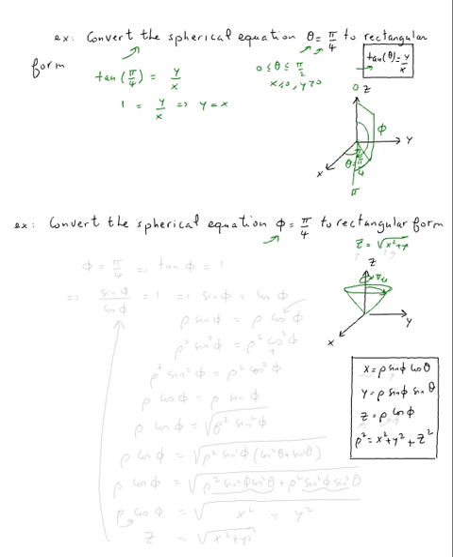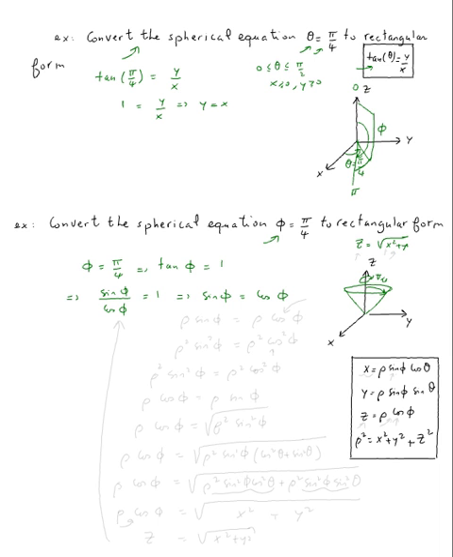So we know that phi is equal pi over 4, kind of like going backwards, which means tangent of phi equal 1. But what does it mean, tangent is equal 1? It means sine of phi over cosine of phi is 1, which means sine of phi is equal cosine of phi. Right?